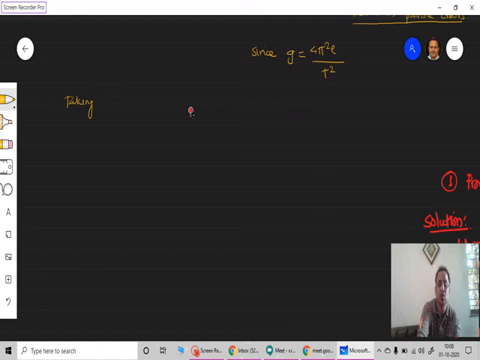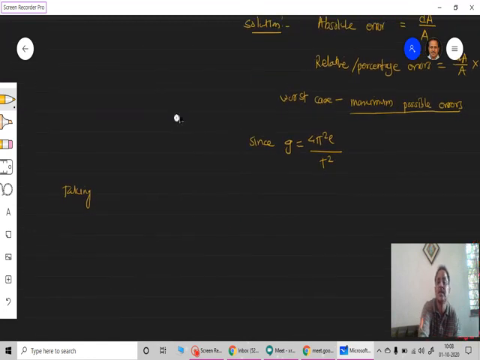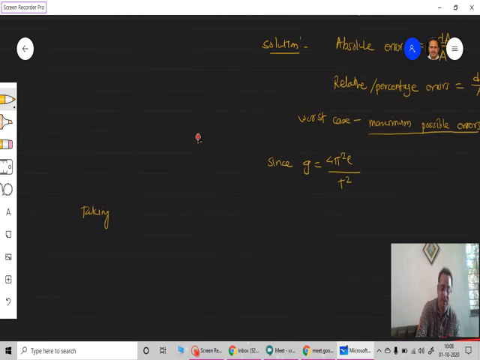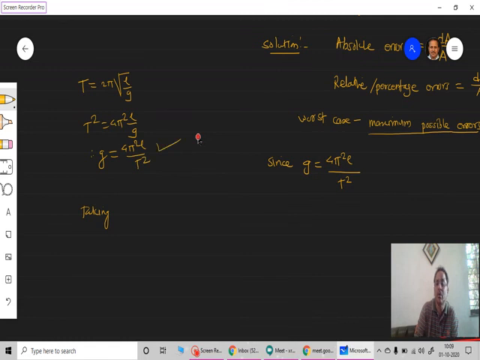The actual formula for the period is T equals twice pi root L upon g, isn't it? Right, this is the formula. Therefore making it square, you will get T square equal to 4 pi square into L upon g, and taking this g here you will get g equal to 4 pi square into L upon capital T square. That is correct. So change our formula itself a little, that is T square in the denominator.